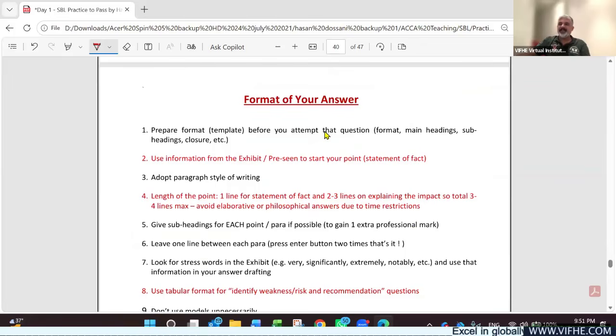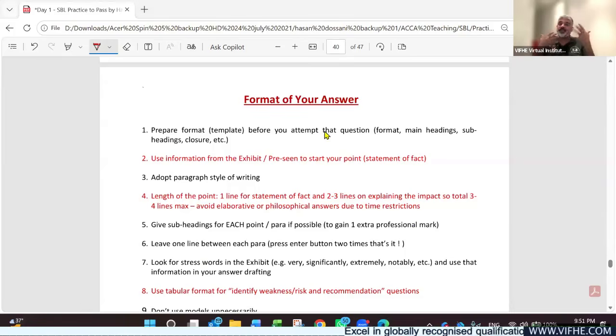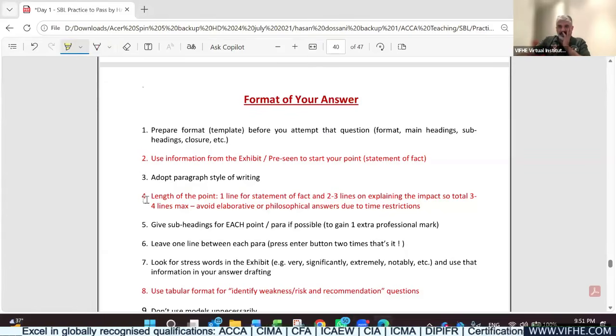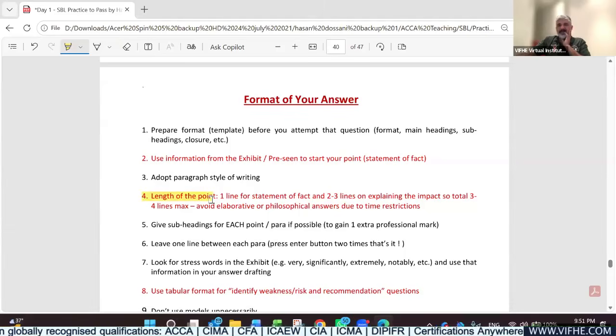A lot of people are asking, how much should we write? What should be the size of our point? Here, this one. Length of the point.